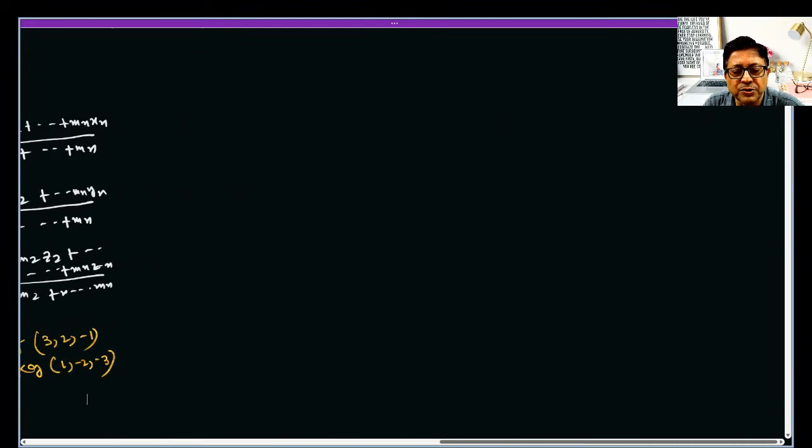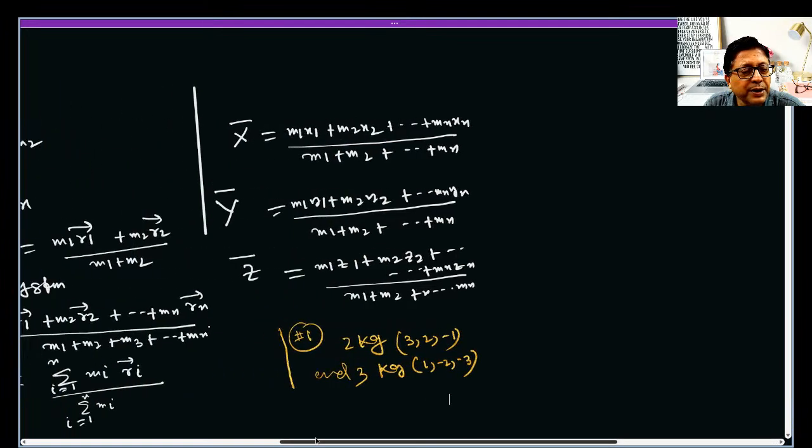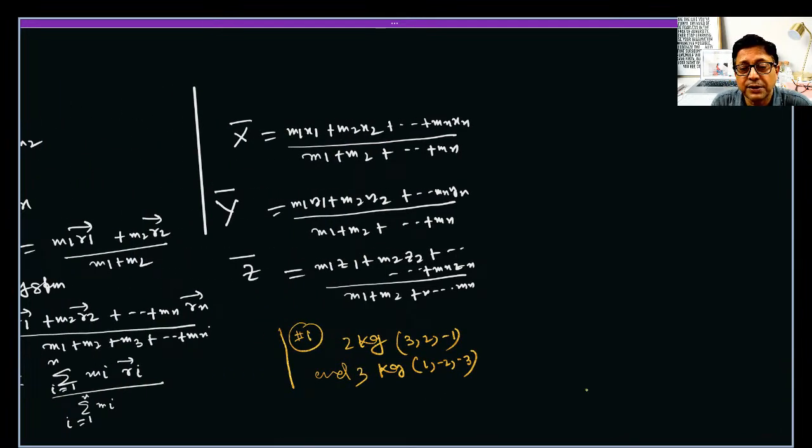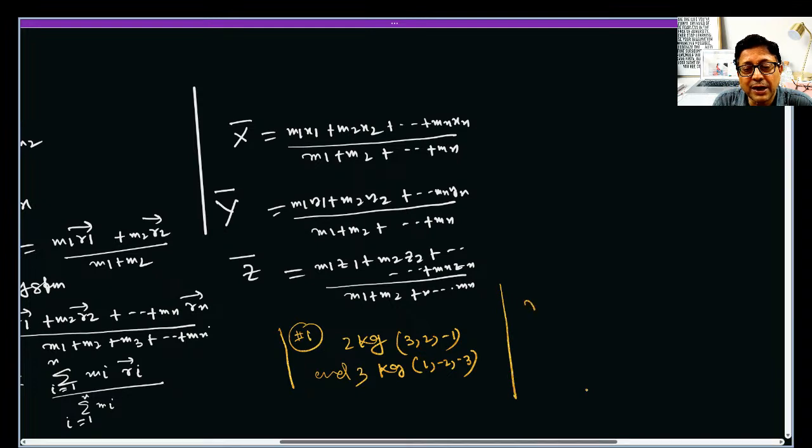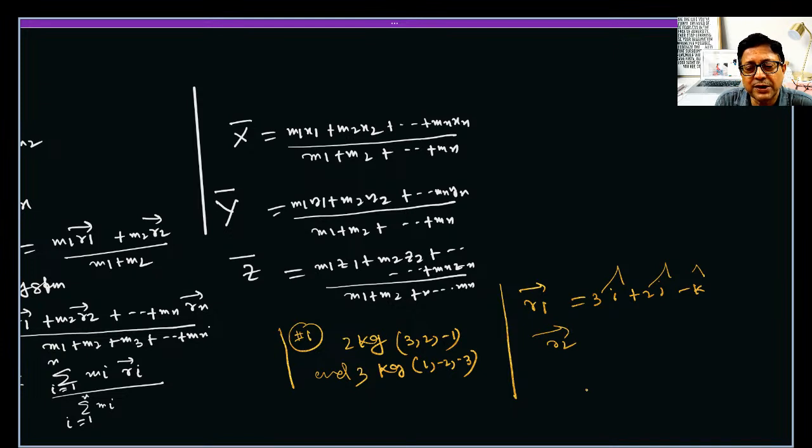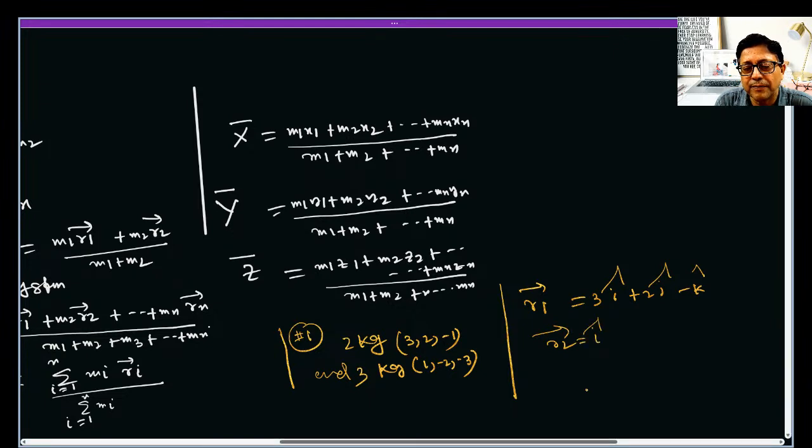Find the position of center of mass. No need to find x, y and z coordinates. You will be writing R1 vector here. R1 is 3i plus 2j minus k. R2 vector is i minus 2j minus 3k.